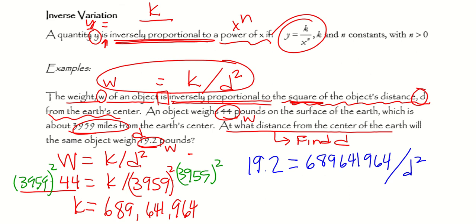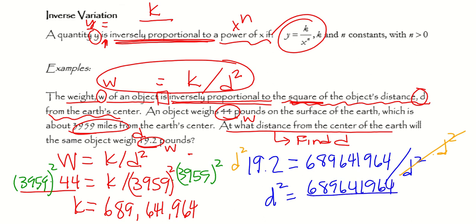I'm trying to solve for something that's in the denominator, so I'm going to multiply both sides by that distance squared. That will divide that out. And then I'm going to divide by that 19.2. So that's going to give me distance squared equals 689,641,964 divided by 19.2.